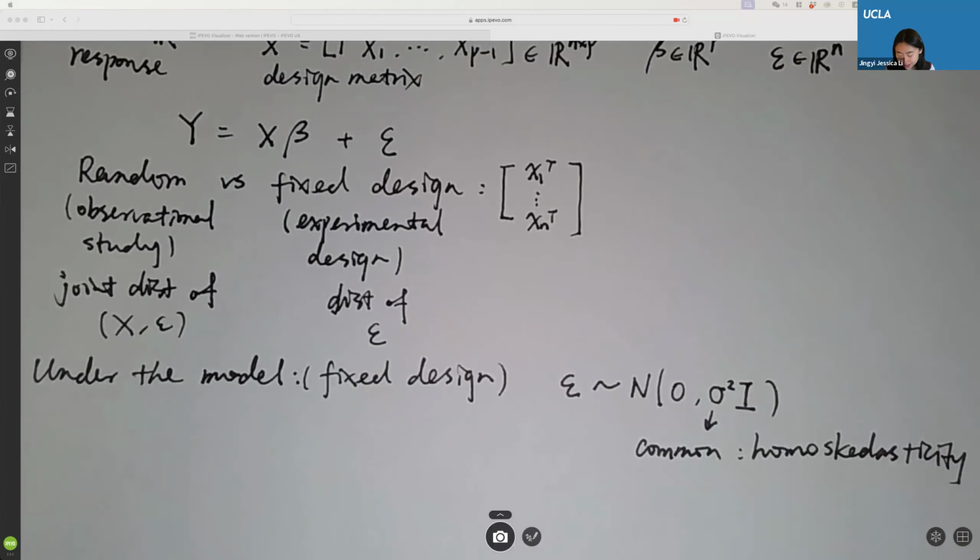And one more way to write this, you will also see it's just the same as this one. You will see it in some literature text, is that people may write this as this, y minus x beta. So what this means is that it's the square of the L2 norm. Okay, L2 norm is what? It's basically the square root of this.